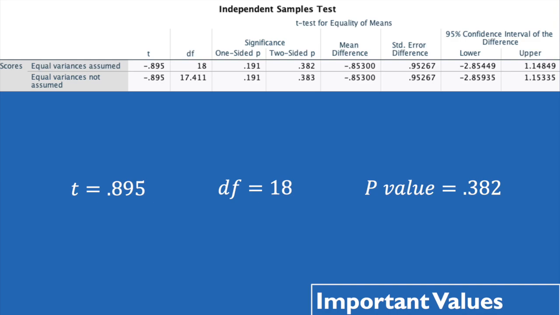We're really going to be focusing on the t-value, the degrees of freedom, and also the two-sided p-value.